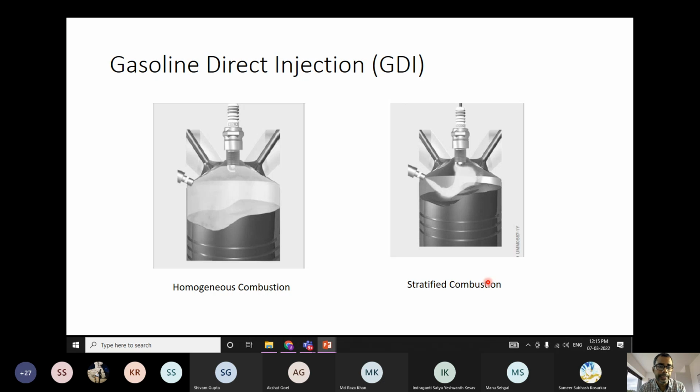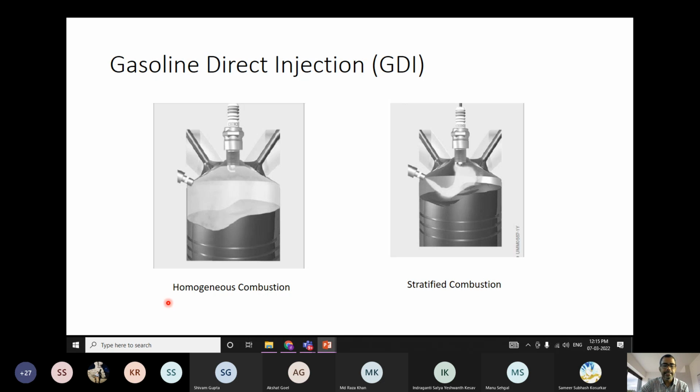Even though we are injecting the fuel directly inside the combustion chamber in the intake stroke, the injection pressure is very high. So the fuel droplet size is going to be smaller, and we can compare the homogeneity level of the GDI homogeneous combustion mode with the PFI mode also.